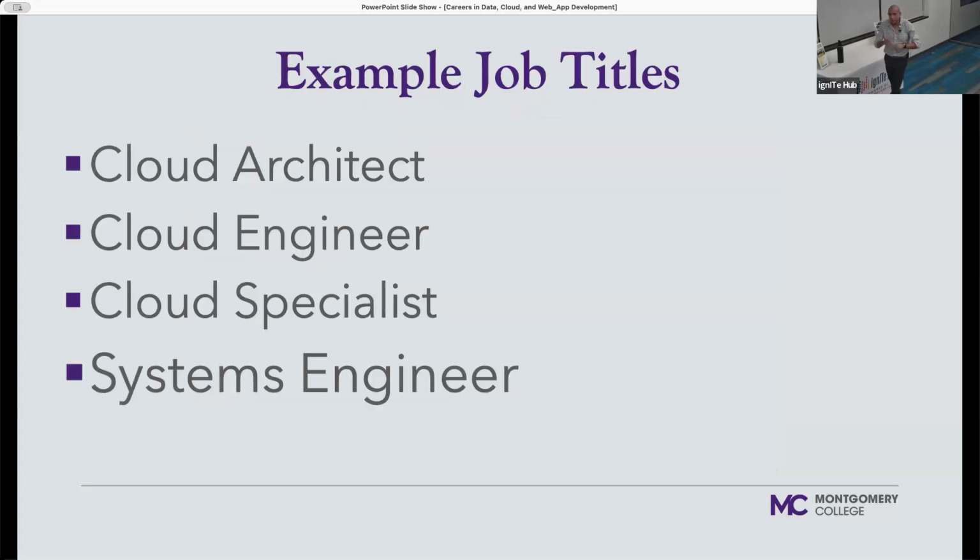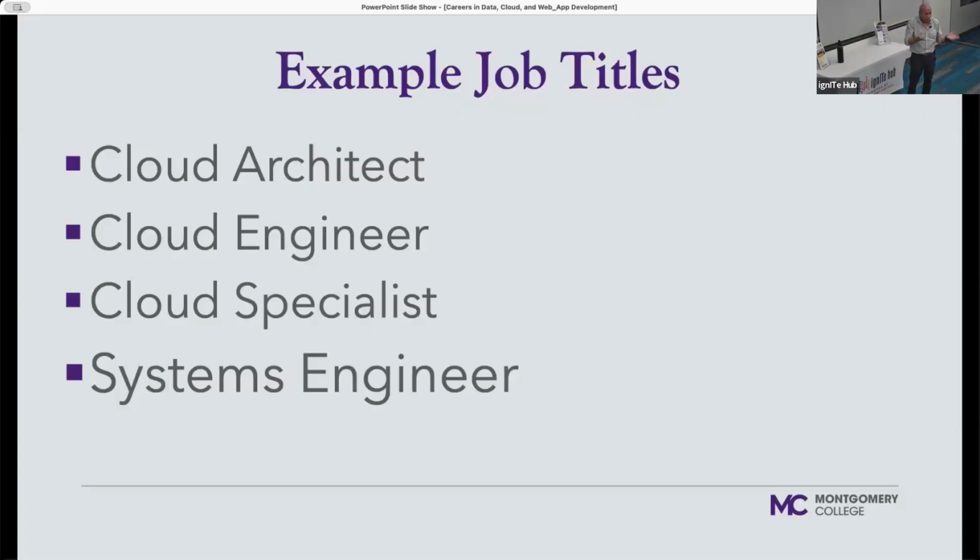We are looking at a couple of job titles here: cloud architect, cloud specialist, cloud engineer, and the last one, oldie but a goodie, your systems engineer. Systems engineers are still there in a lot of organizations. They are your cloud person. Let me tell you what a systems engineer does. When all our systems were within the organization, when we were running our own Exchange server, it was our systems engineers and system administrators running that team.